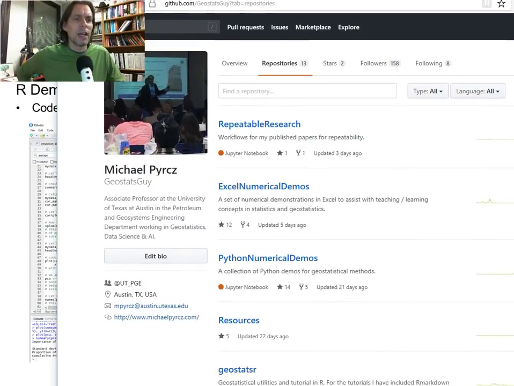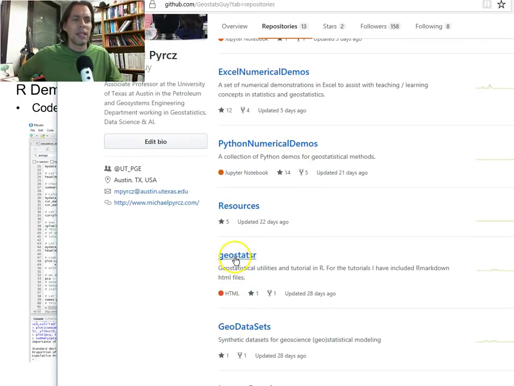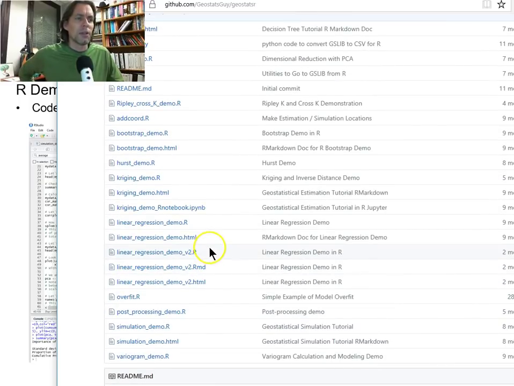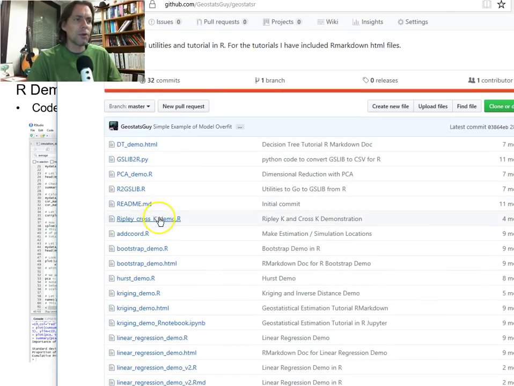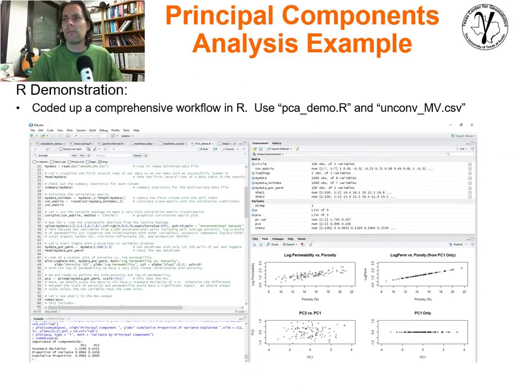If you go to my GitHub account, you will find that those are available under GeostatsR, where I have a whole bunch of different demos for different methodologies in geostatistics, statistical analysis, and machine learning, all using R. The PCA code is available to you right here. If you'd like to look through that workflow, that might be something you're interested in.